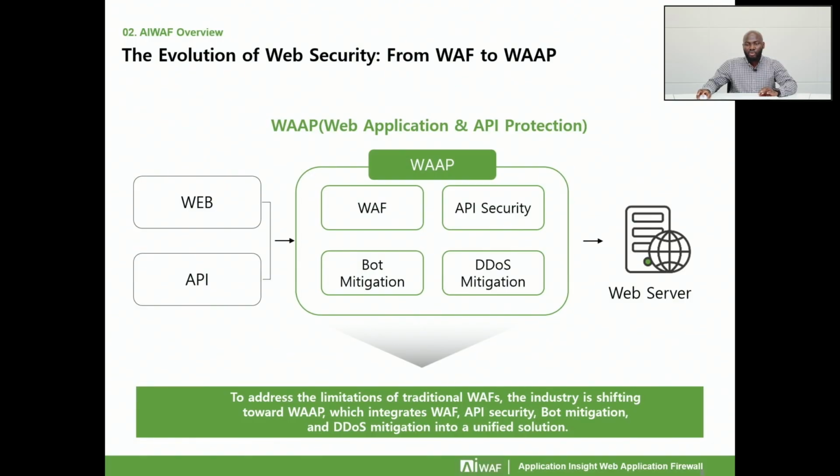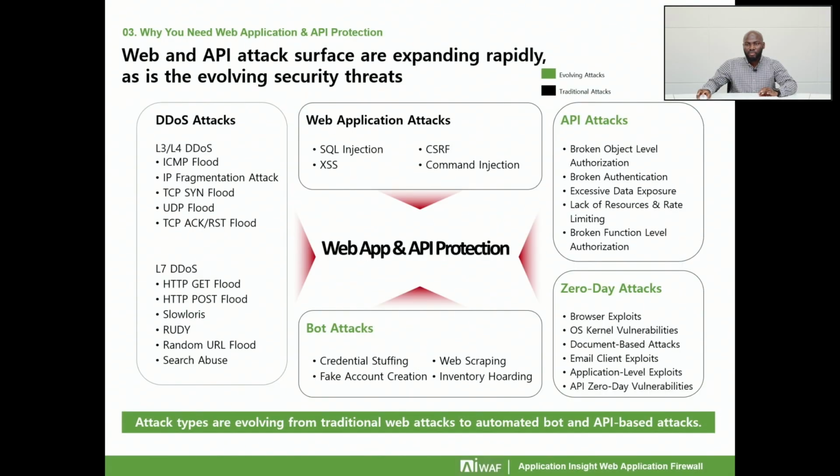Let's take a closer look into these modules to look at some common attack types the AI WAF protects against. So as you can see in the diagram, we have DDoS attacks, both layer 7 and layer 3 and 4. We also have web application attacks, which our WAF takes care of with the WAAP's top 10 web vulnerabilities.